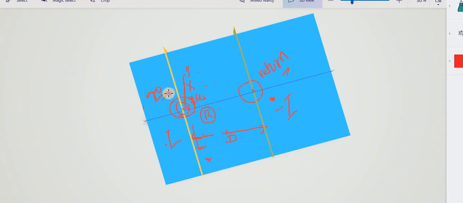Now suppose rho is somewhere here. Rho is increasing, up. Rho is here, greater than R.